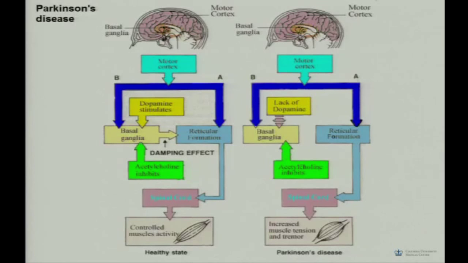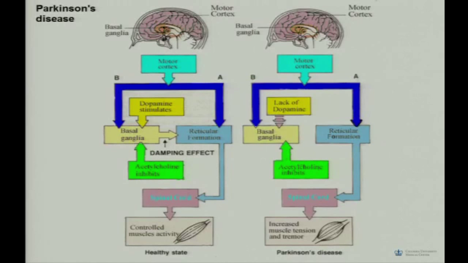All motor commands originate in the primary motor cortex, and then the basal ganglia processes this command and basically refines that command. Okay? It removes excess stimulation to the muscle, and it makes that motor movement very refined and very smooth. Okay?